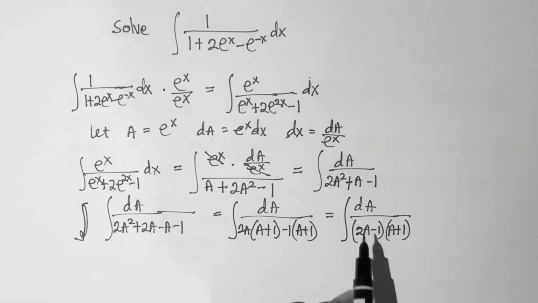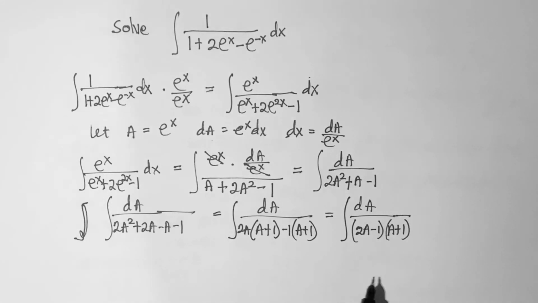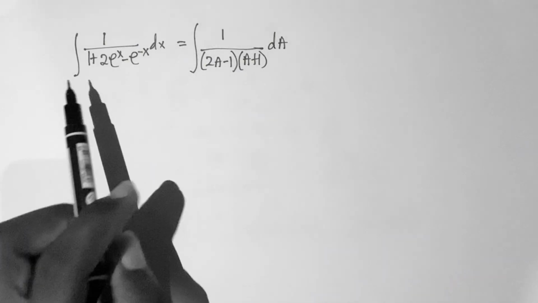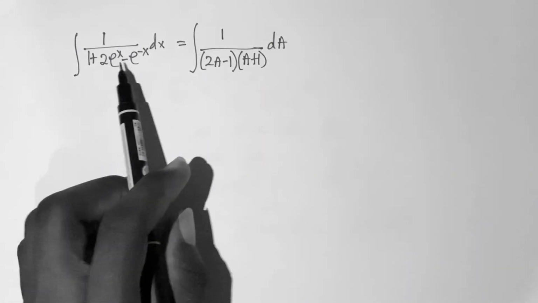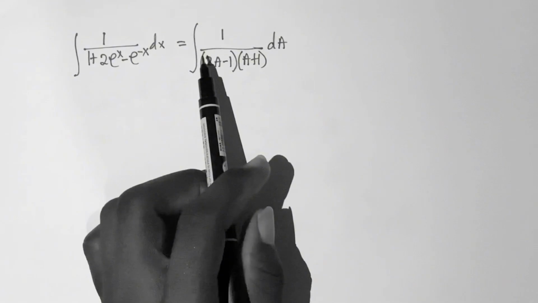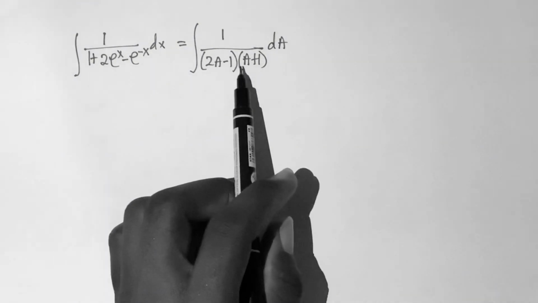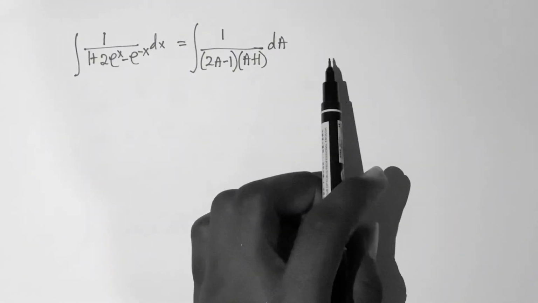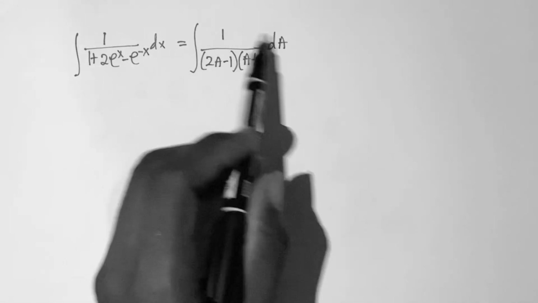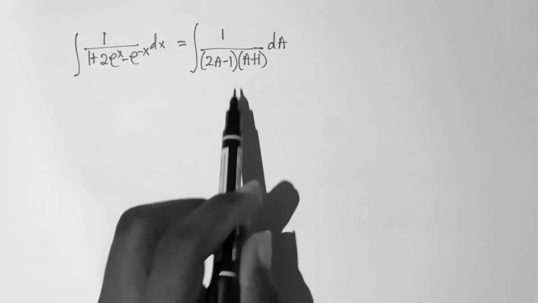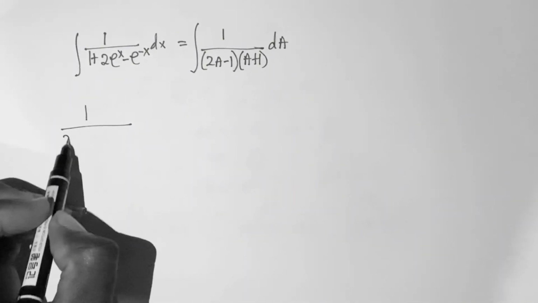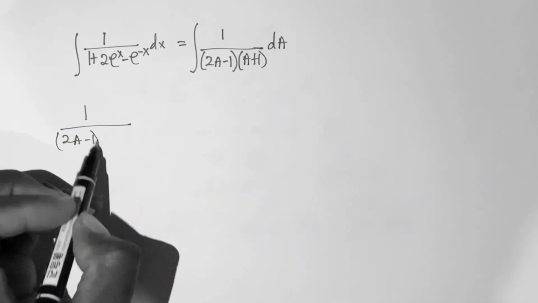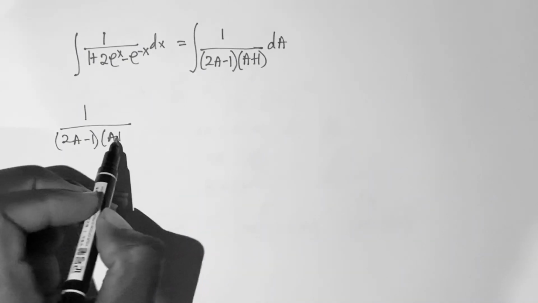So let's take this function and express it as a partial fraction. We have been able to express the integral, which is 1 divided by 1 plus 2 e to the x minus e to the minus x dx, as 1 divided by 2A minus 1 times A plus 1 dA. So let's take this rational function and resolve it into partial fractions. So we are talking about 1 divided by 2A minus 1 times A plus 1.